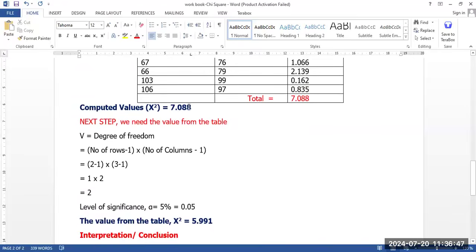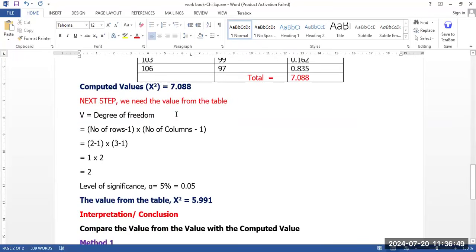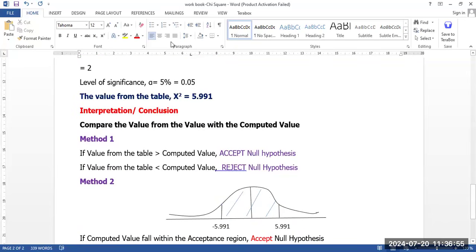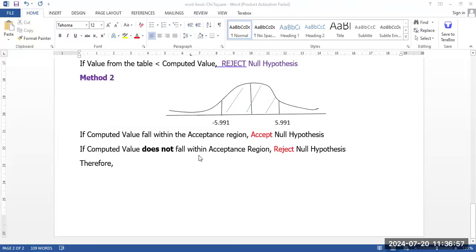The computed value falls outside the acceptance region. We reject. So therefore we reject the null hypothesis.